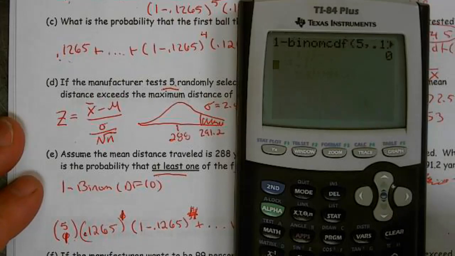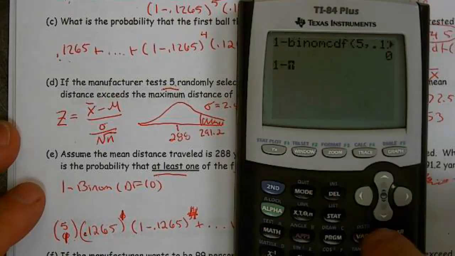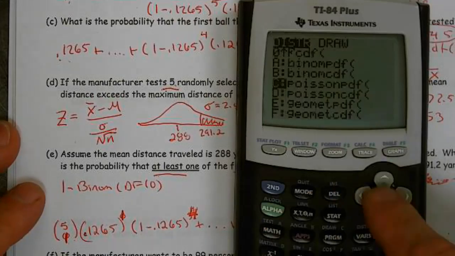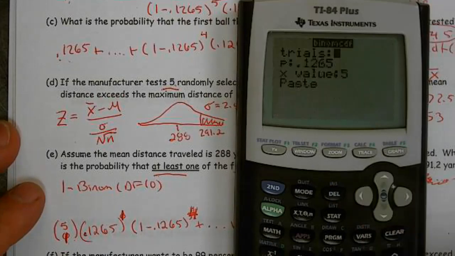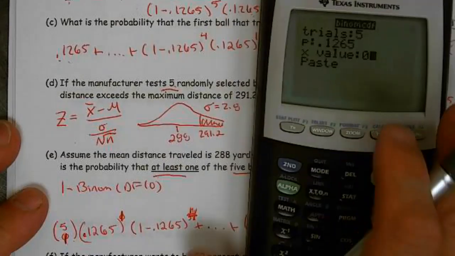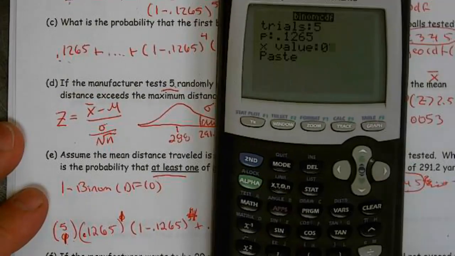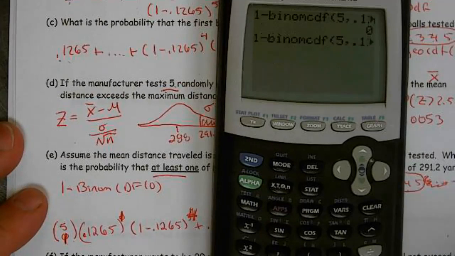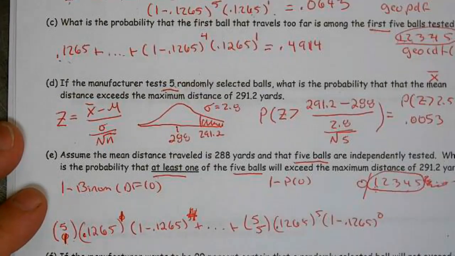And oops, I did something incorrect. 1 minus second vars binomial. I'm sorry, my X value is 0 because that's what we're subtracting out. We're subtracting out the highest thing we don't want, which is 0. And we end up getting 0.4914. All right, so about 0.4914.